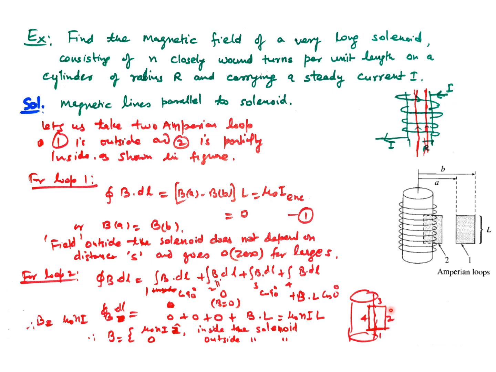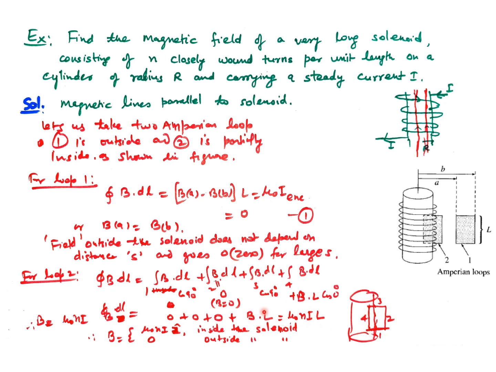For 2, B dot dl is 0 because B equal to 0, since this line segment is outside of the solenoid, and outside of the solenoid B equal to 0. So only the contribution is from the fourth segment.